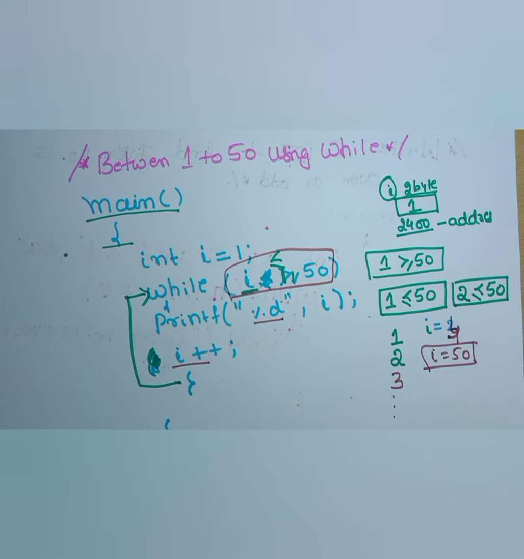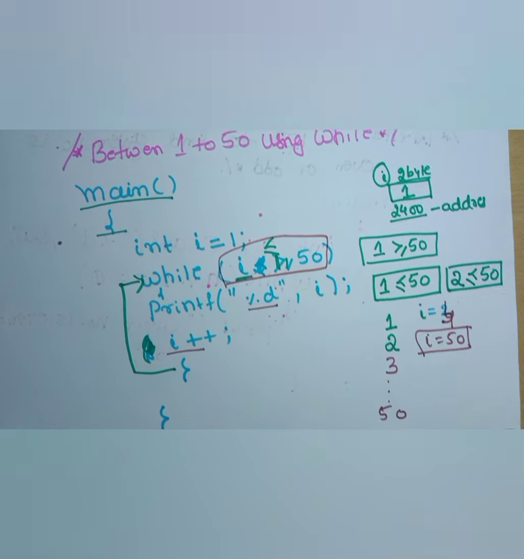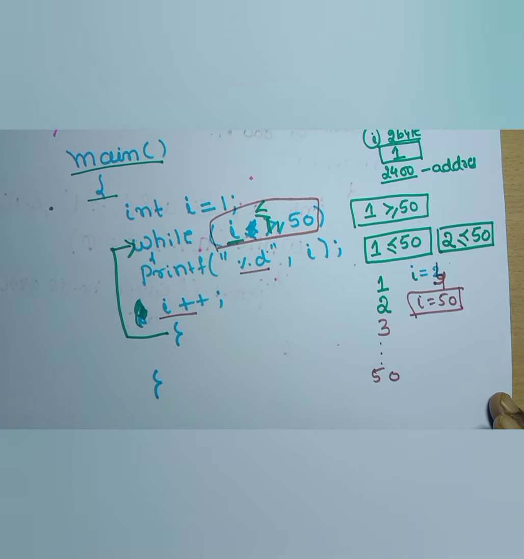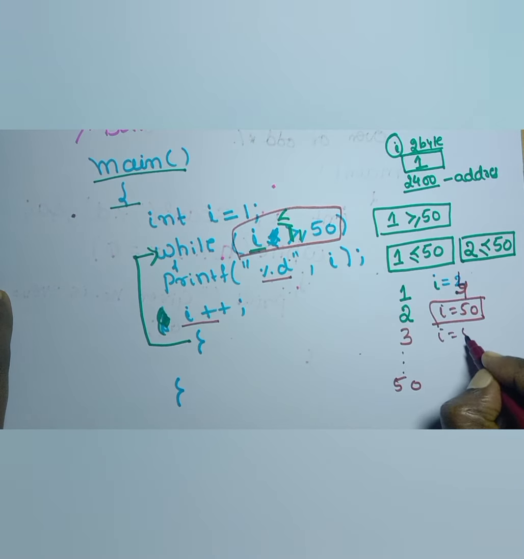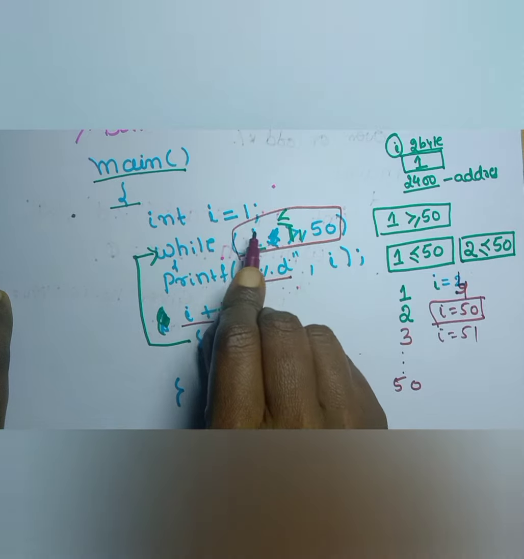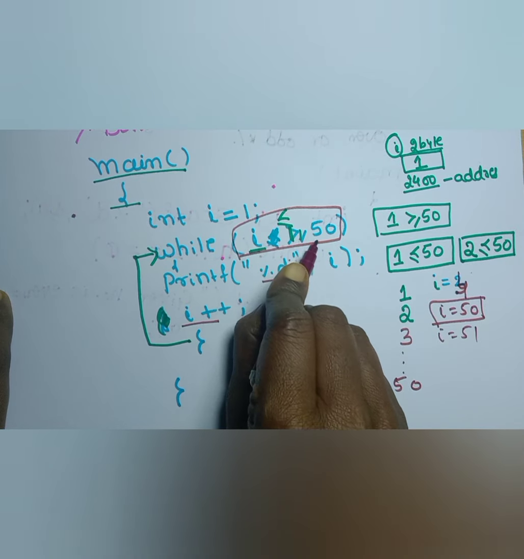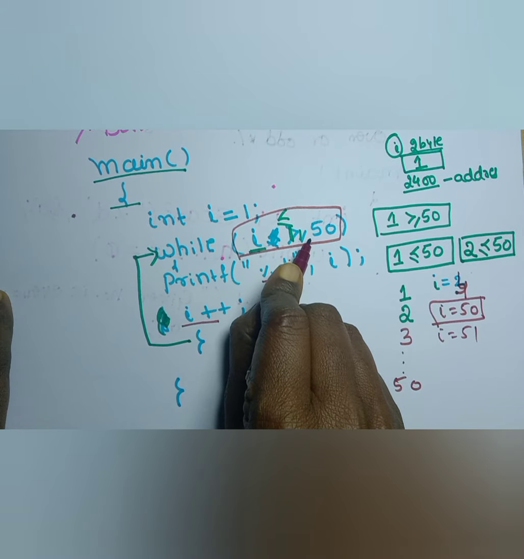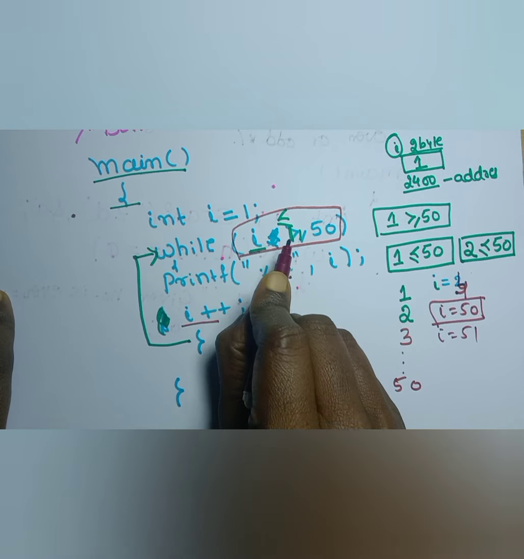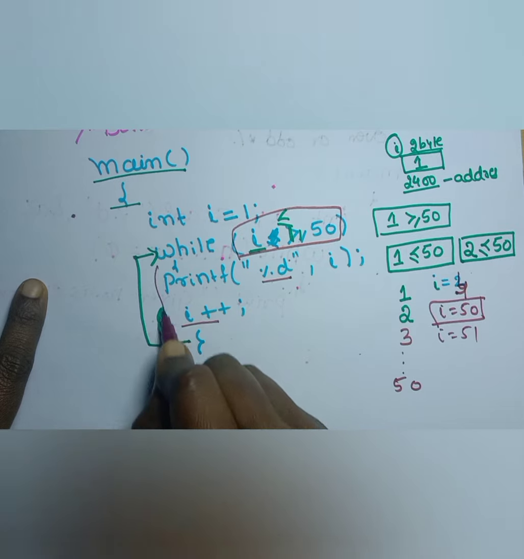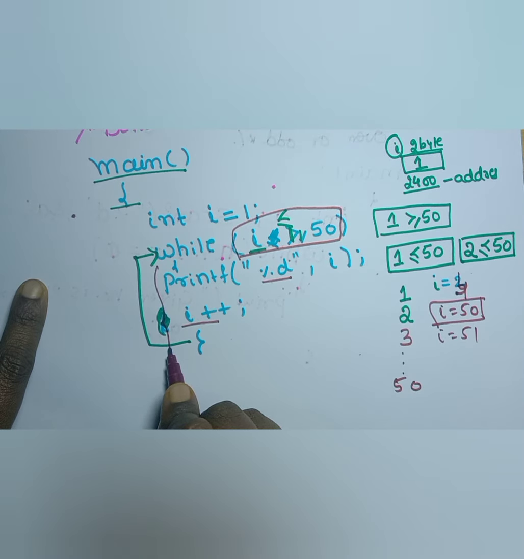So finally the i value is printed as 50. Okay, after printing that 50, now i is incremented, i is equal to 51. 51 is not less than or equal to 50, the condition is false. When the condition is false, this is not going to be executed.